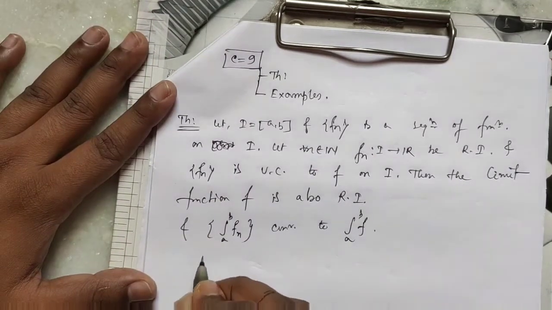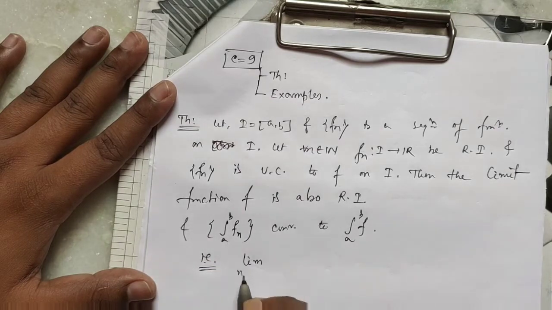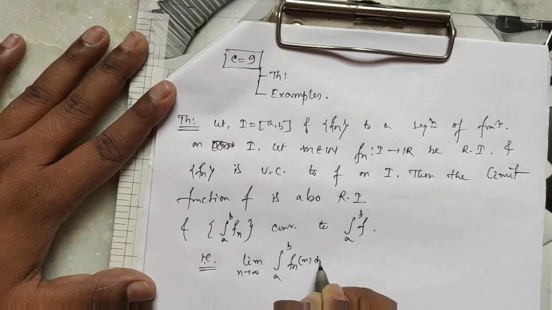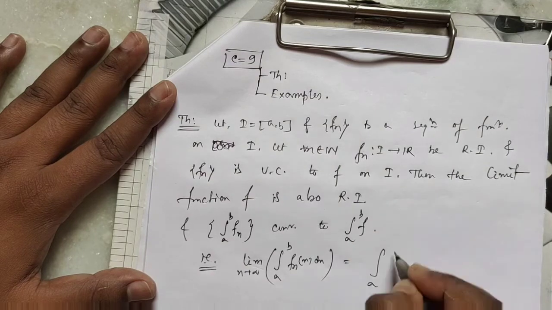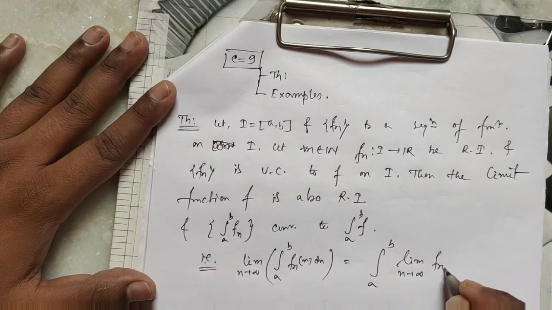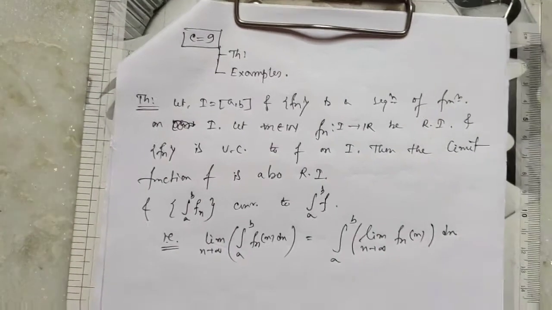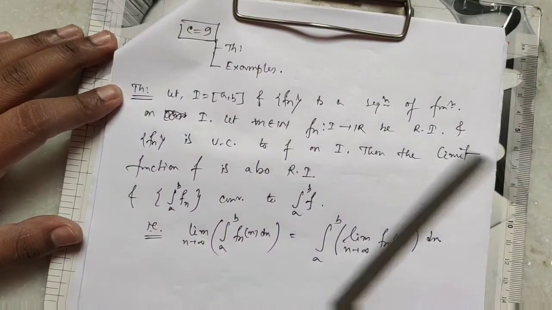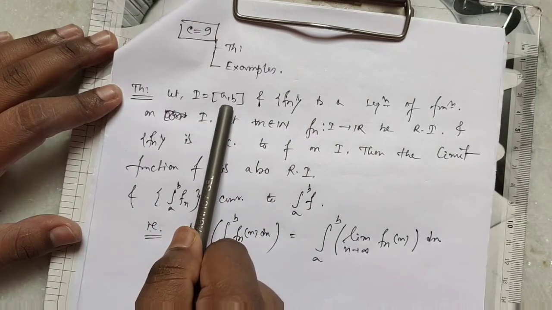In other words, the limit as n tends to infinity of the integral from a to b of fn(x) dx is equal to the integral from a to b of the limit as n tends to infinity of fn(x) dx. Clear?